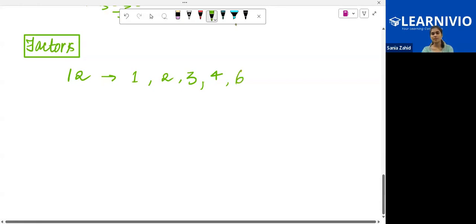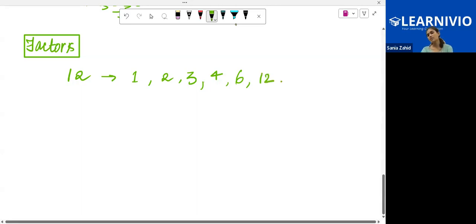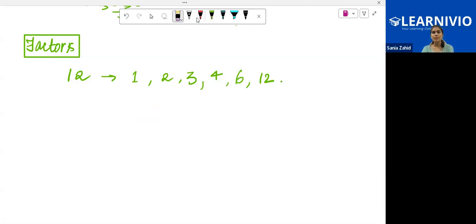And 6, yes, you can. 7, no. 8, no. 9, no. 10, no. 11, no. 12, yes. 13 is obviously not possible because 13 is greater than 12 and you'll get a decimal. So we'll check the factors only up to that number.